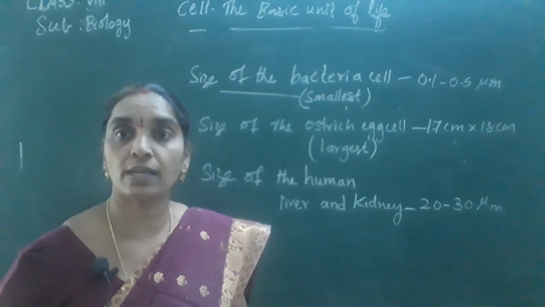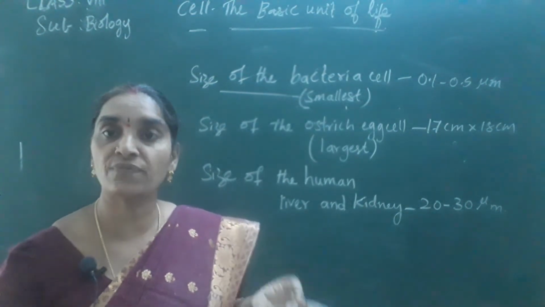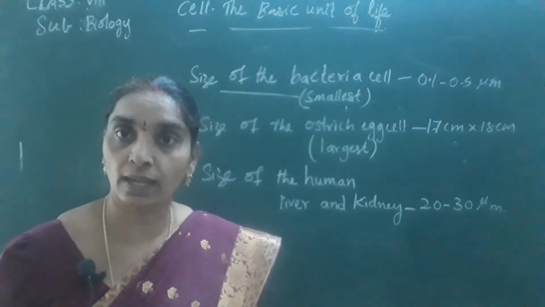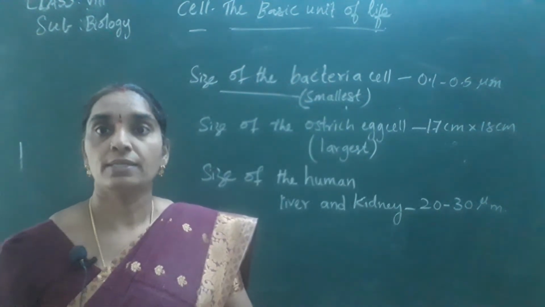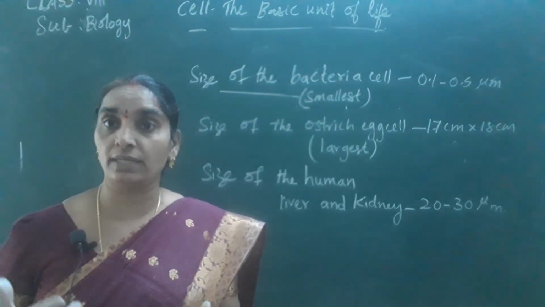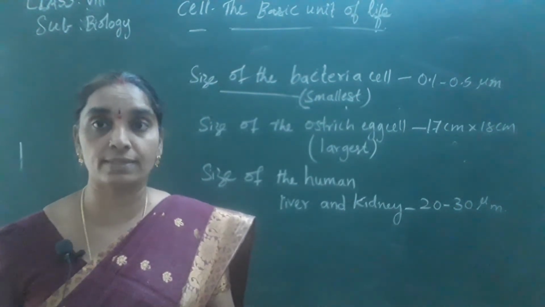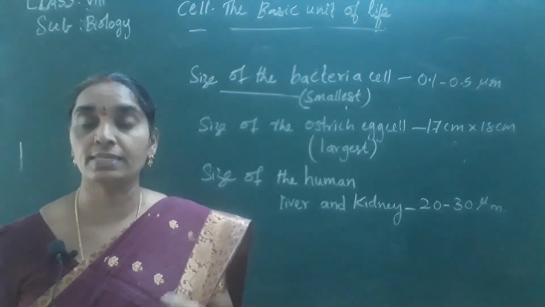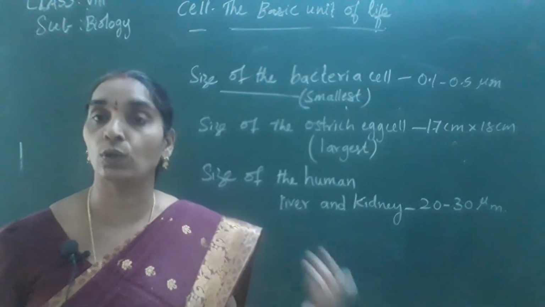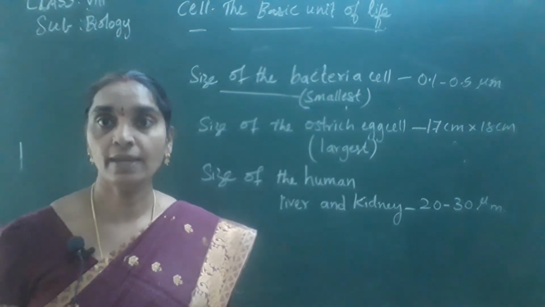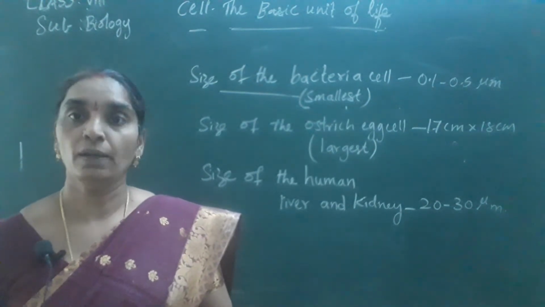So its function is related to its location, and so the size of the cell is related to its function. The size of the organism depends upon the number of the cells, but not the size of the cells. That you have to keep in your mind.